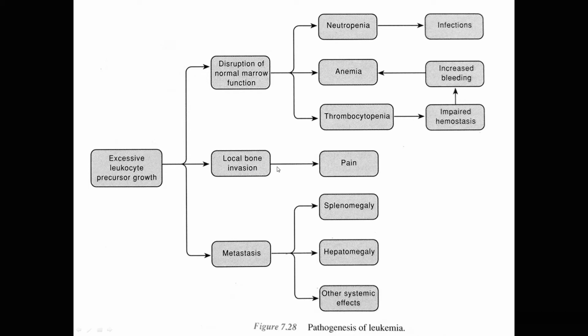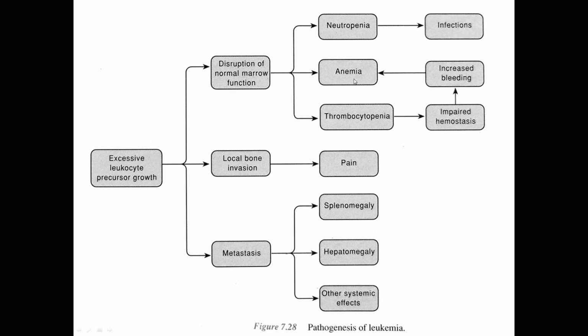Pain may be generated. Also, this will disrupt the normal marrow function, especially to suppress the production of cells normally produced in the bone marrow, leukocytes, erythrocytes, and thrombocytes. Thus, complications may be generated. Neutropenia, decrease in the counts of the neutrophilic leukocytes, may be related to complications such as infections.